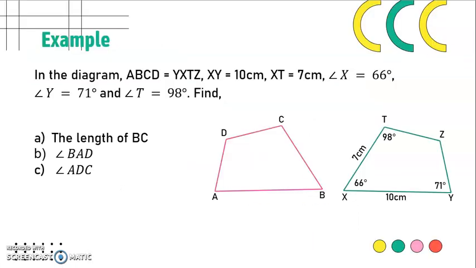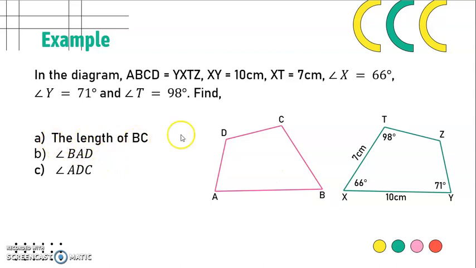Okay, so let's see this example. In the diagram, ABCD is congruent to YXTZ, where XY is 10 cm, XT is 7 cm, with angle T 98, angle X 66, and angle Y is 71 degrees.